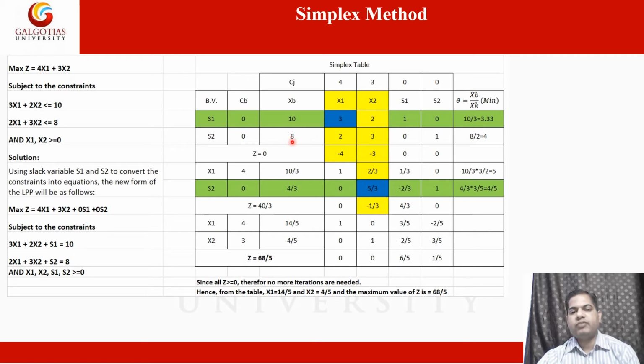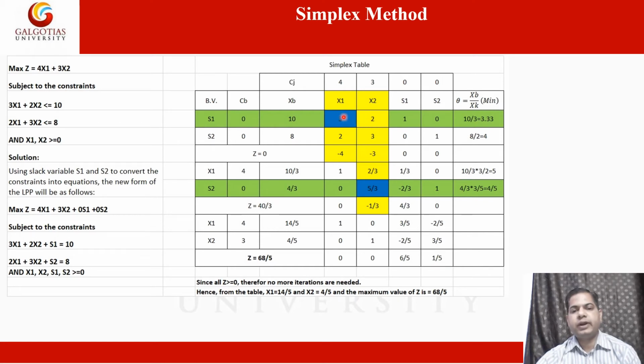So to find the changed value of 8, it is 8 into 3, that is 24, minus 10 into 2, that is 20. So 24 minus 20 is 4. 4 divided by the key element, that means 4 by 3. Now the changed value of this 3: 3 threes are 9, minus 2 into 2, 4. So 9 minus 4 is 5.